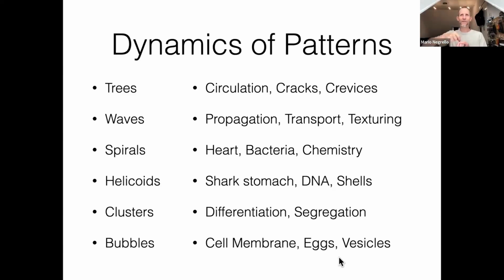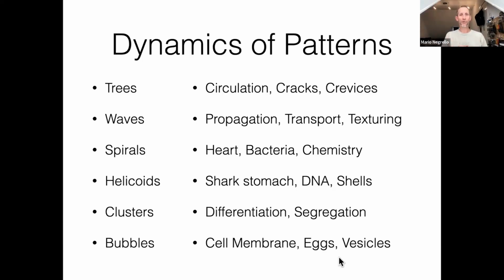It has something to do with circulation and transport, right? But also, if you see something in a tree shape, it can be a crack in a crystal, or a river, which has this kind of branching shape, especially as it is coming close to the delta. Are there similarities between these patterns? They do. What functions do they have? We can talk about waves, or propagation through waves, also transport, creation of texture, and potentially different skin absorption properties.